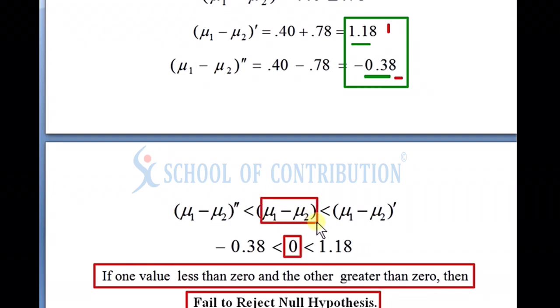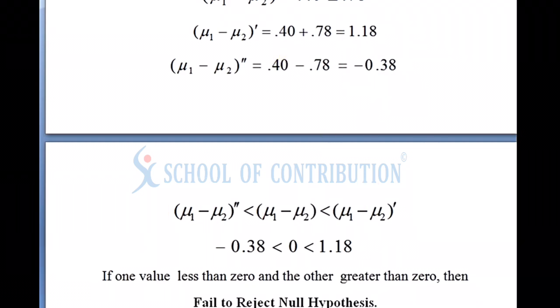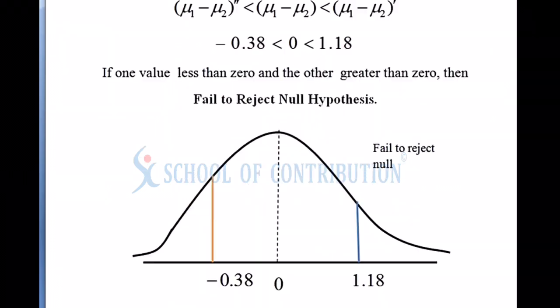This is always 0, and one value is positive while the other is negative. So according to confidence interval testing rules for a two population mean test, we fail to reject the null hypothesis.